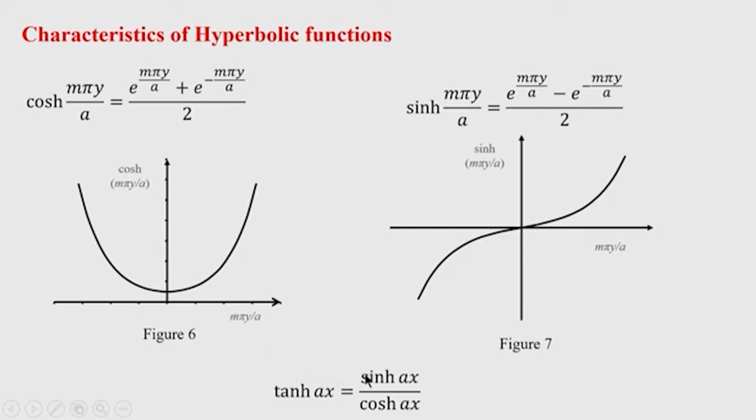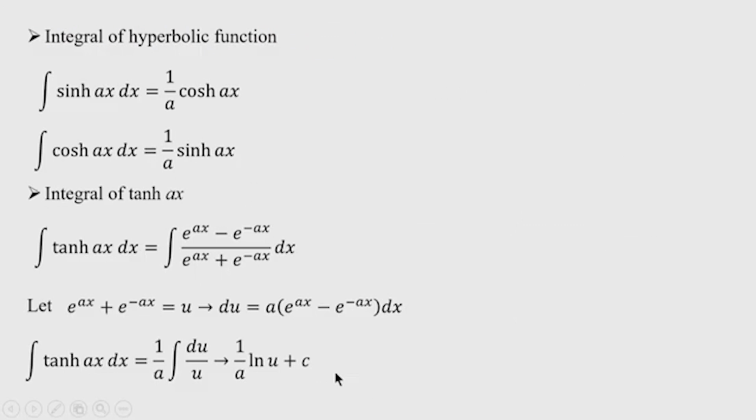Tanh(ax) is nothing but, just like your trigonometric quantity, sinh(ax) by cosh(ax). We will be requiring to use several times the integration of sinh, cosh, or the derivative of sinh, cosh. So, you must be familiar with that.